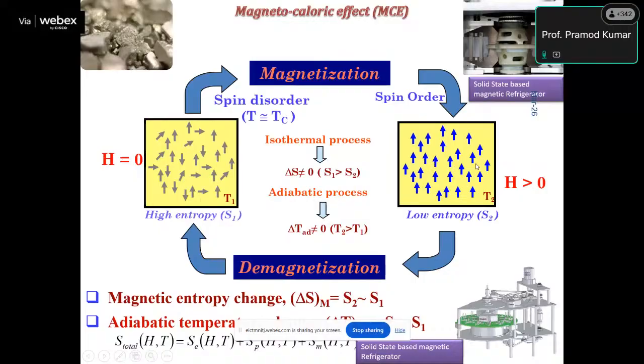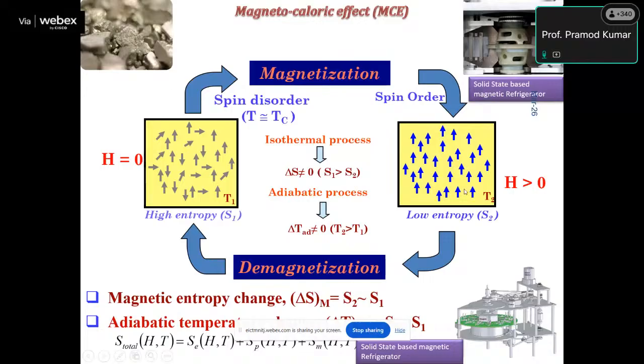So to understand the adiabatic, what we are doing. You just assume you have applied the magnetic field. One way, you are doing everything in the open atmosphere. Whenever you are doing anything in open atmosphere, the process is known as an isothermal process. Now suppose you are doing the same process in a closed system where you are neither giving any amount of energy nor taking any amount of energy.